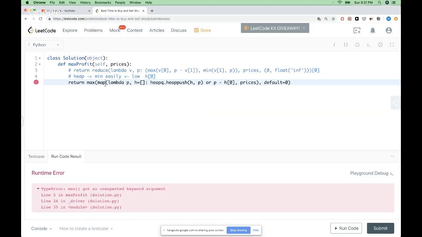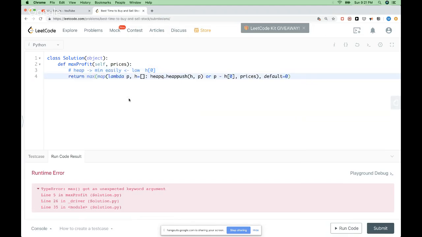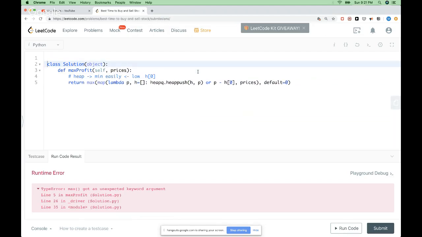Which one? Okay, so we need to import our heap queue first.